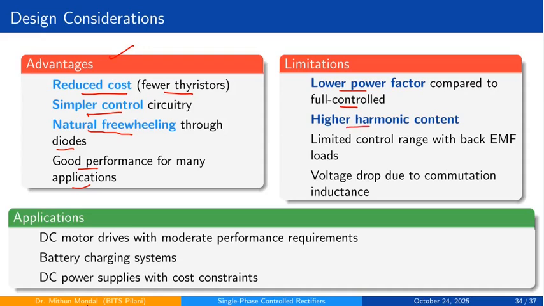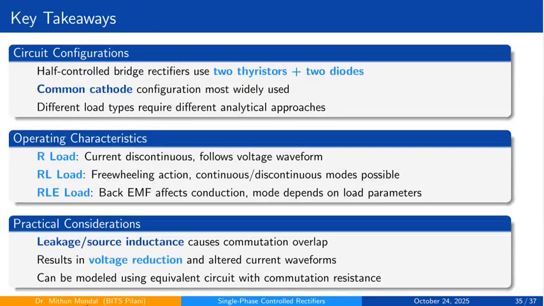You have higher harmonic content, and there is a limited control range with back EMF loads. Voltage drop is there due to commutation inductance. Some of the applications are DC motor drives with moderate performance requirements, battery charging systems, and DC power supplies with cost constraints. So there we are basically using the half controlled rectifiers.